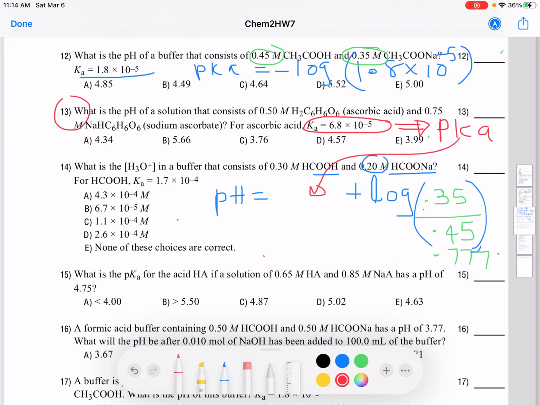Plus log, and then the base is 0.75 instead of 0.35. Now you put base concentration 0.75 and then the acid 0.5.